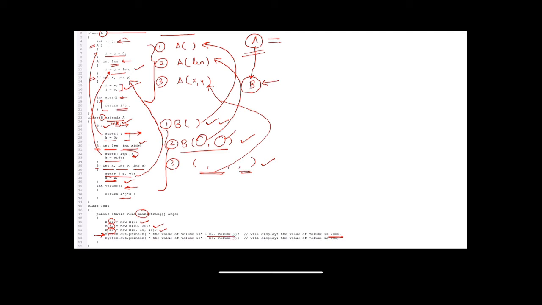So my B2 is initializing the value of 10 to I and J and 20 to my k. So the result that I'm getting is 2000. If using the object B3, I'm calling this method volume, then the output will be 500 because I is initialized to 5, J is initialized to 10 and k is initialized to 10 over here.